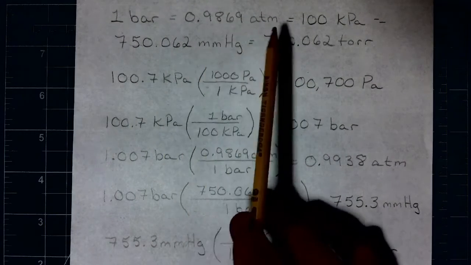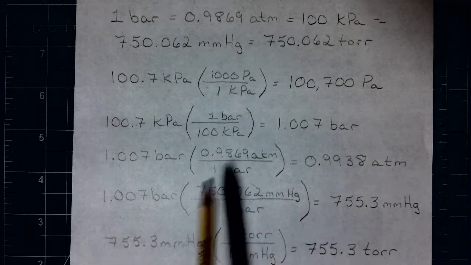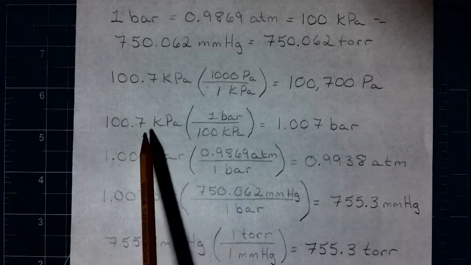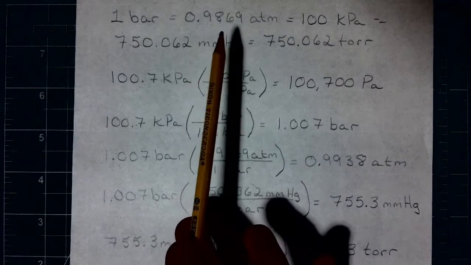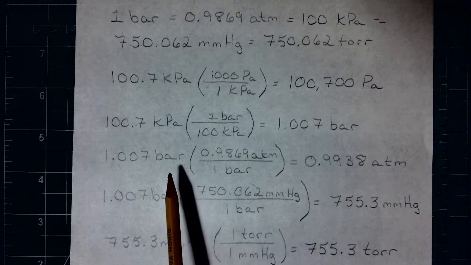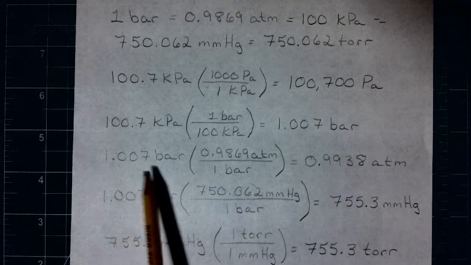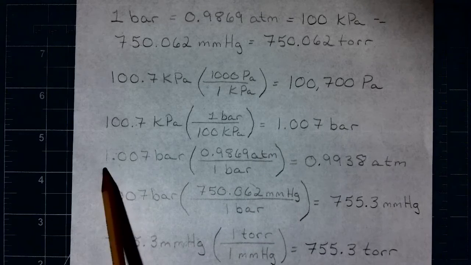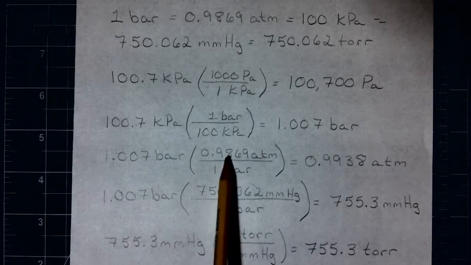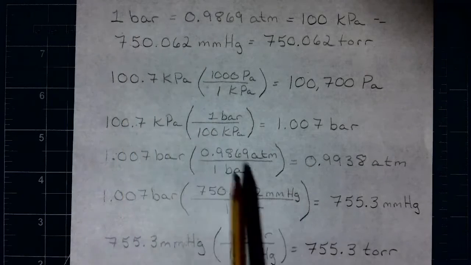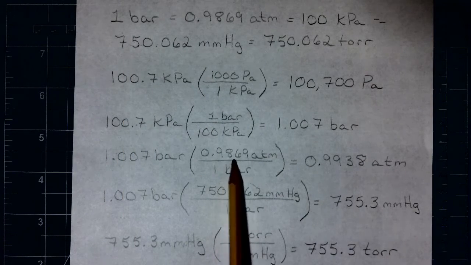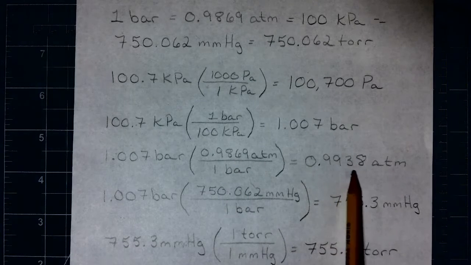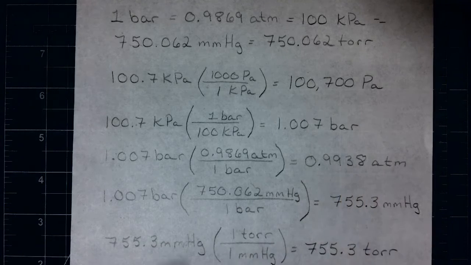Next, we need to convert to atmospheres. We could have started back over with 100.7 kilopascals and said there's 100 kilopascals for every 0.9869 atmospheres. But I actually chose to take the output of this one, 1.007 bar, and use this other conversion factor, saying that there's 0.9869 atmospheres for every 1 bar, and I get that that is 0.9938 atmospheres.